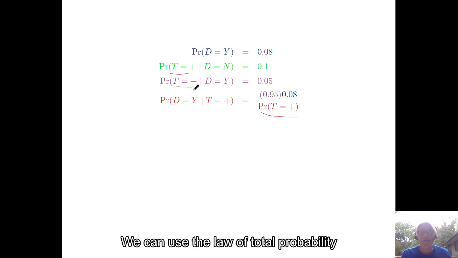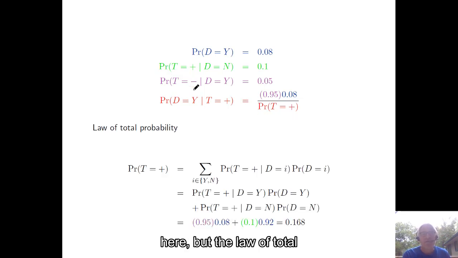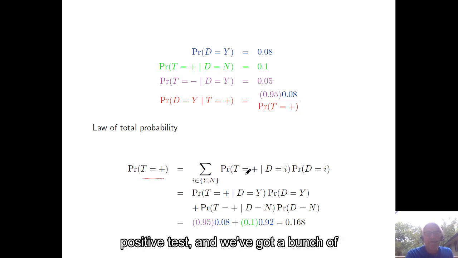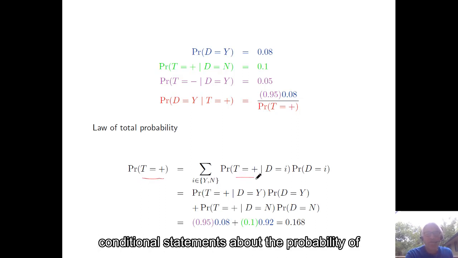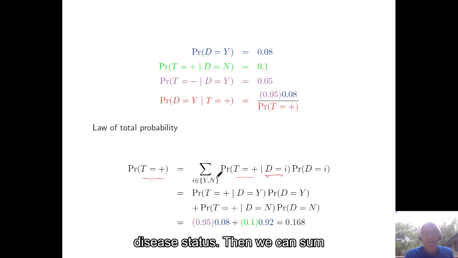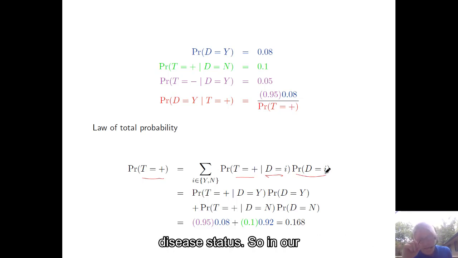We can use the law of total probability here. So the law of total probability says if we want to know the probability of a positive test, and we've got a bunch of conditional statements about the probability of a positive test given some extra event, in this case the disease status, then we can sum them up and weight them by the probability of that disease status.